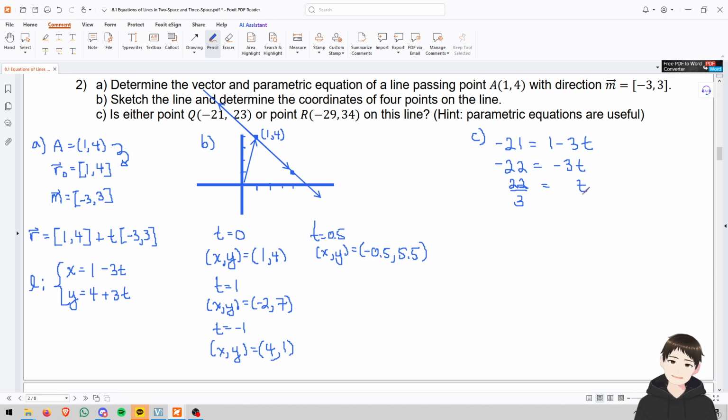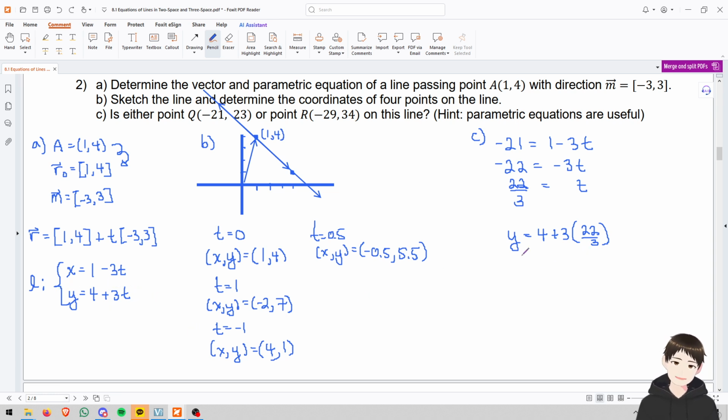Remember, parameters don't change. If the parameter to define negative 21 is 22 over 3, then it's got to be common for both, because that's how we move along the line. The t is a specific number. So if that's the case, for y, what is it? 4 plus 3 times 22 over 3. So I'm using this one right here, 4 plus 3t.